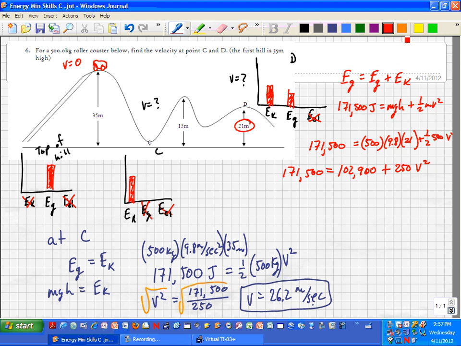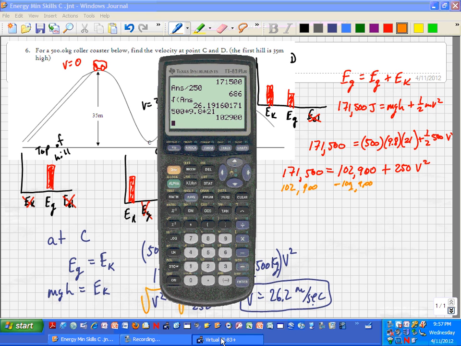I'm going to subtract the 102,900 over to the other side. 171,500 minus 102,900 gives 68,600.